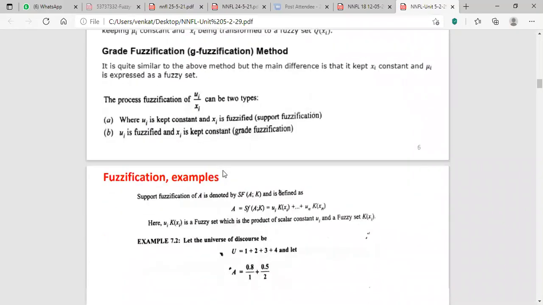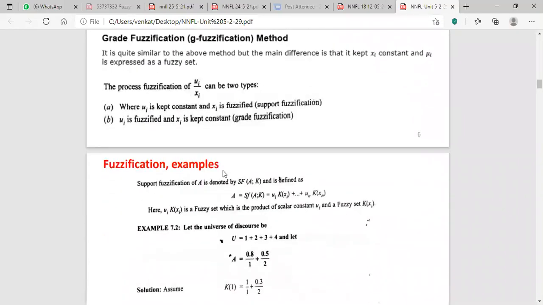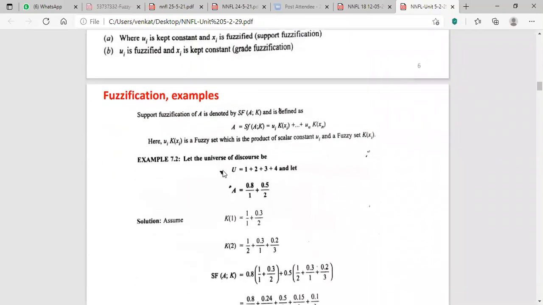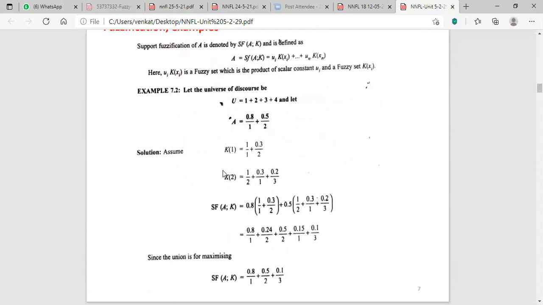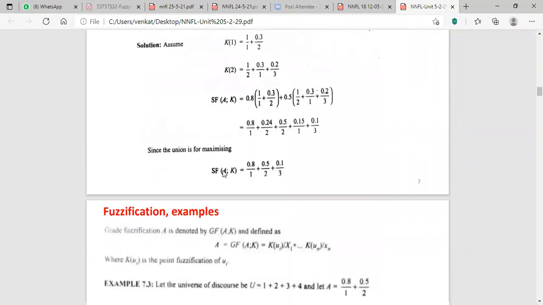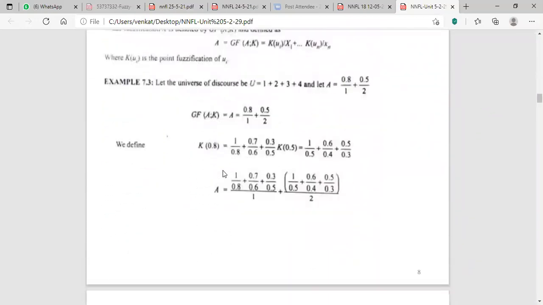Observe this difference: in support fuzzification, mu i is kept constant and xi is fuzzified; in grade fuzzification, mu i is fuzzified and xi is kept constant. These examples we have already discussed for fuzzification.